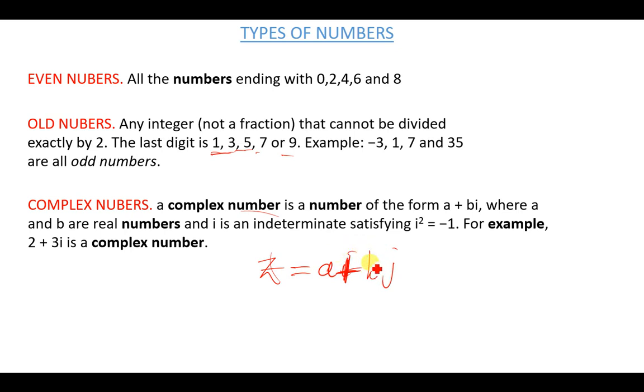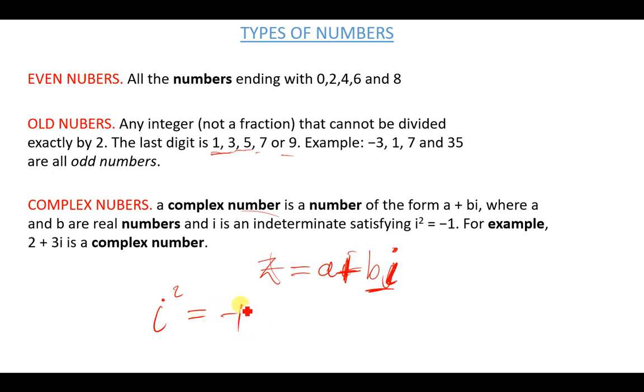This is i, not j, but in some books they use j. So this expression should contain i, and this i is an indeterminate that satisfies the condition i squared is equal to -1.